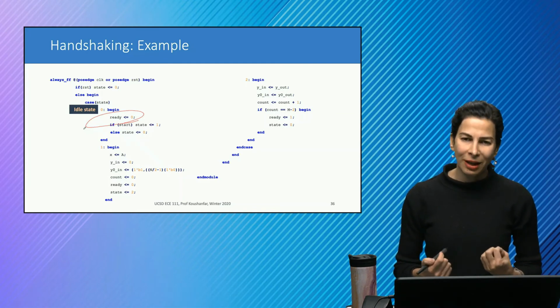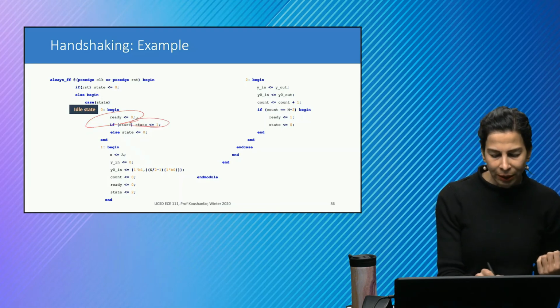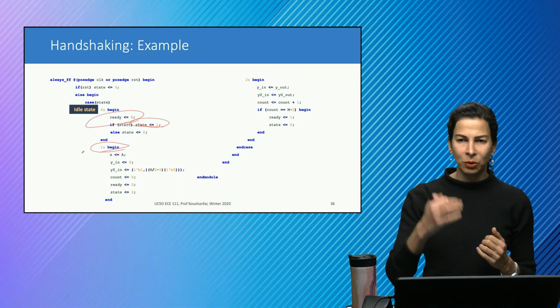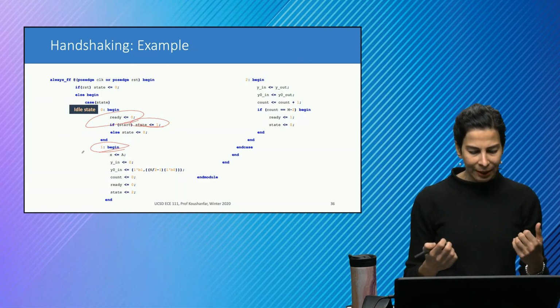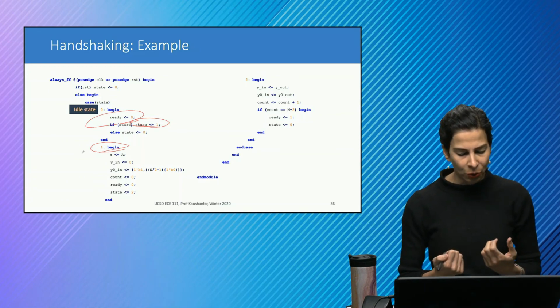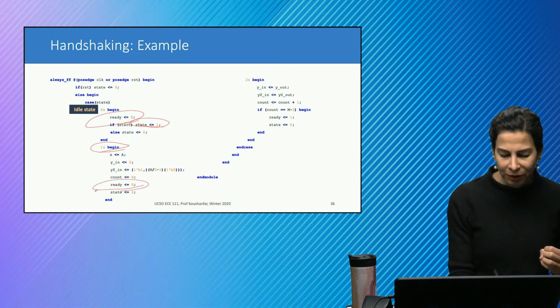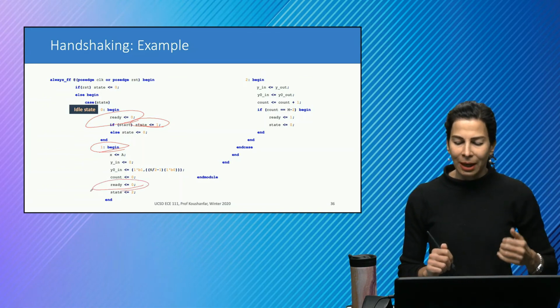But if the start comes, then we go to the begin. So we go to state 1, and state 1 is the state where you do the operation, but the wait state is just going to be saying that this output is not ready. So the master would know that this is a wait state.